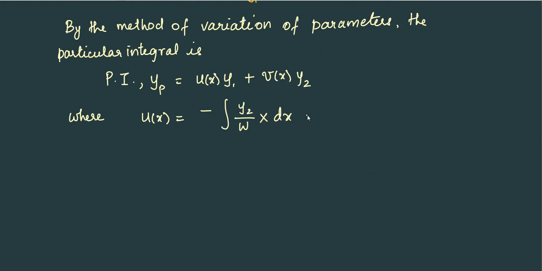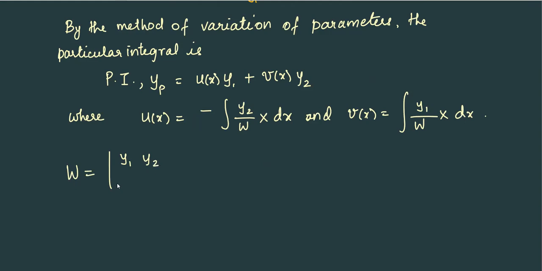So y1 is e power minus x, y2 is e power x. So we'll find that out. So first of all, let us find the Wronskian. y1, y2, y1 dash, y2 dash determinant.